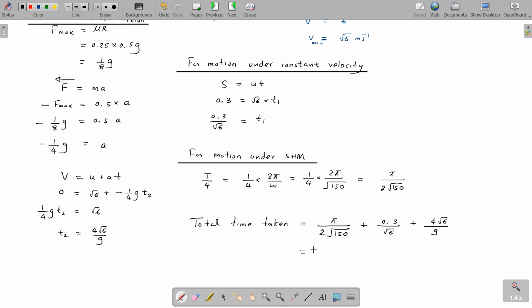When you use g as 9.8, you have to give the answer to 3 SF or 2 SF. So I will write here g is 9.8. Let's give the answer to either 3 SF or 2 SF. Type everything in the calculator and get the answer.